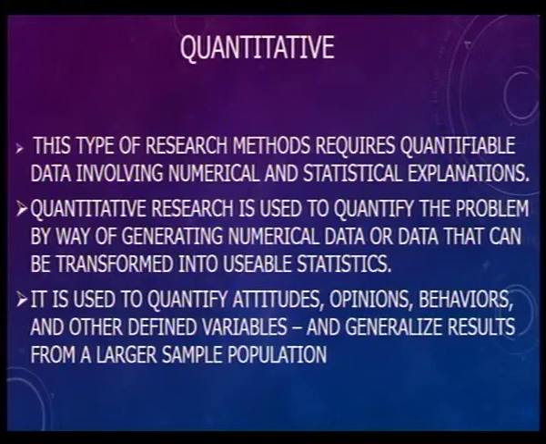You get the information, then convert it into usable statistics. It is also used to quantify attitudes, opinions, behaviors, and other defined variables and generalize results from a larger sample of populations. So that is quantitative.